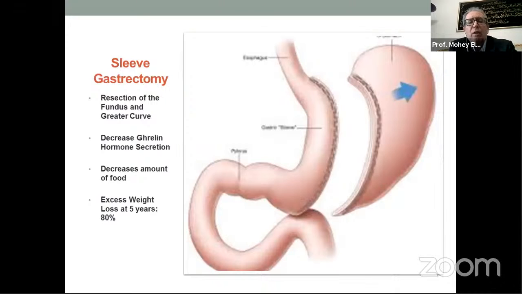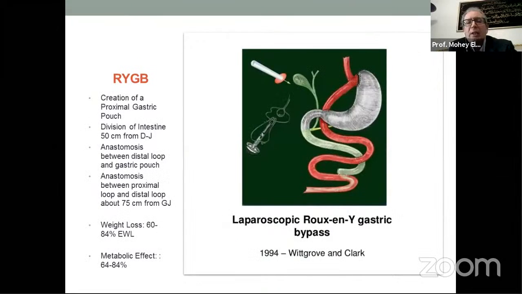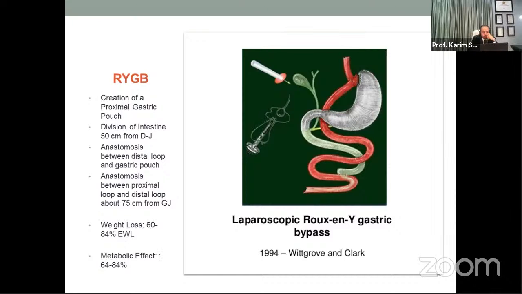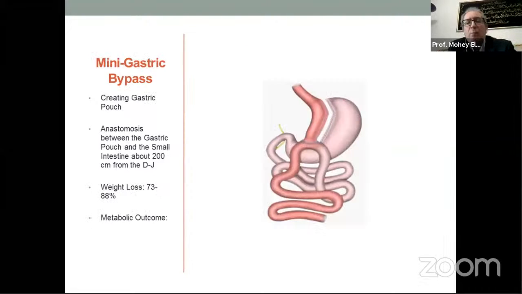It's mainly restrictive, though there are some studies now that talk about the hormonal effect of sleeve gastrectomy, but it is not as effective as the Roux-en-Y gastric bypass, which may achieve metabolic success in between 65 to 85% of the patients. Mini gastric bypass has established itself now as a standalone bariatric procedure.